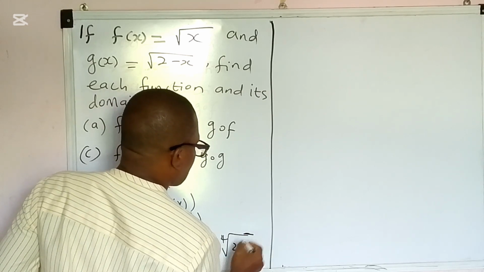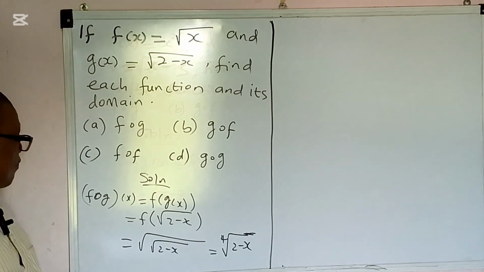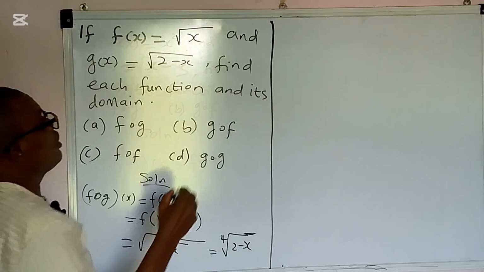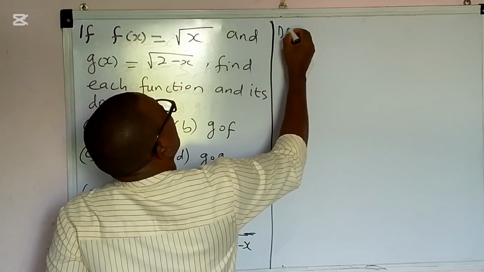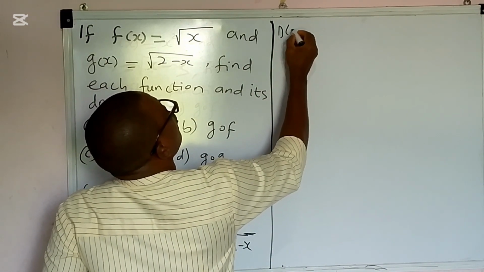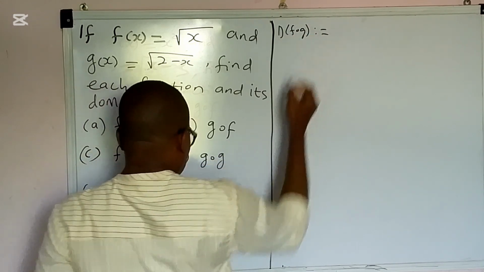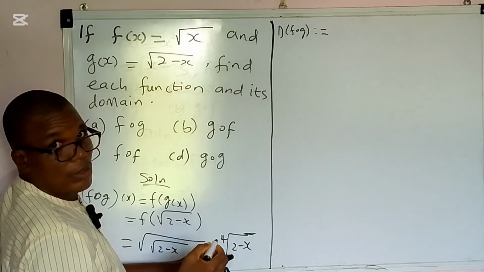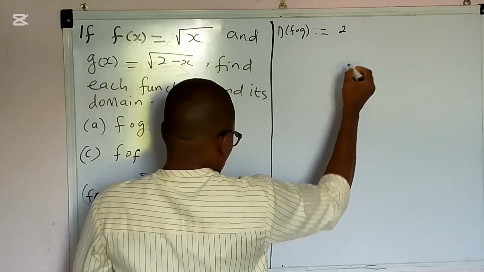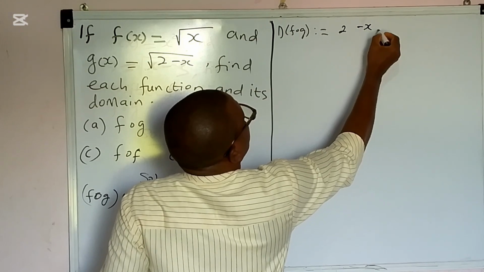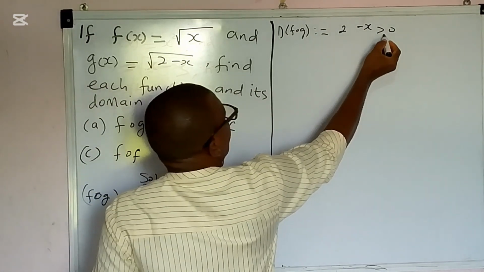If you look at this, the domain of f composition g will be such that this is the square root of a real number, so it will be such that 2 minus x will be greater than or equal to 0.